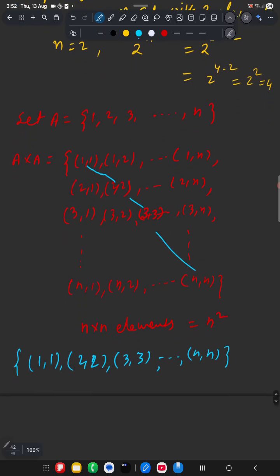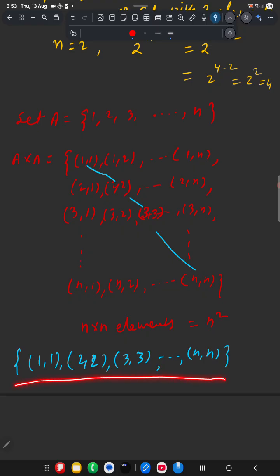What are the other members possible for this set? From the number of elements, it is very clear that every reflexive set must contain these many elements. How many remaining elements are there? N square is the total number of elements, and n elements are in the diagonal, which must be there.